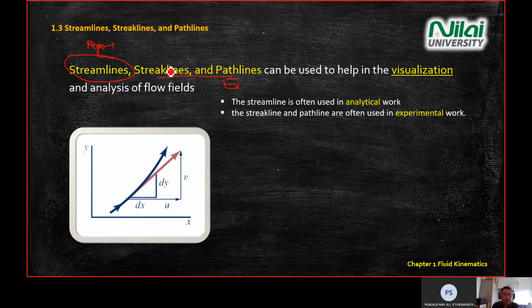However, the data for streakline and pathline you can only get from experiment, or you can derive it from streamline. It's very hard to get a mathematical model straight from streakline and pathline. So usually these two are from experimental data. Okay.